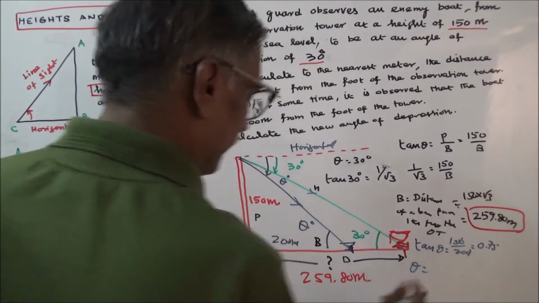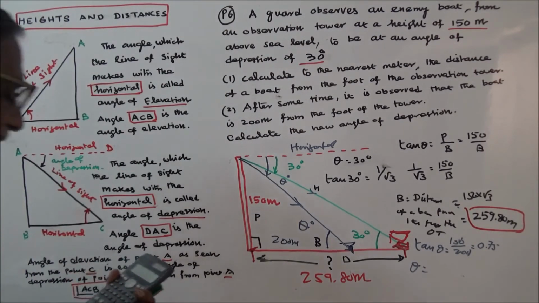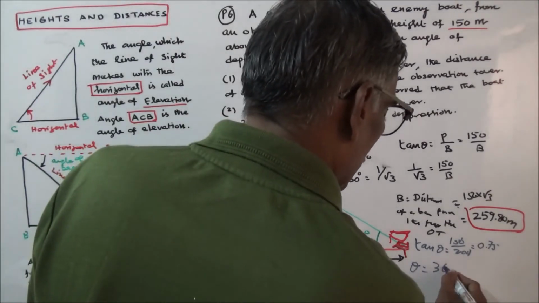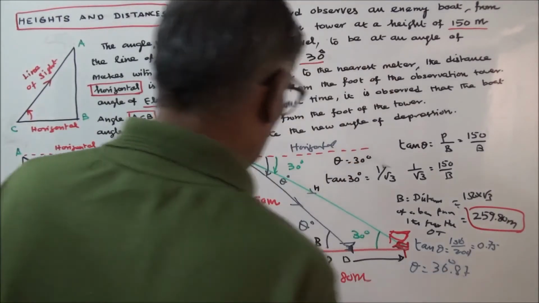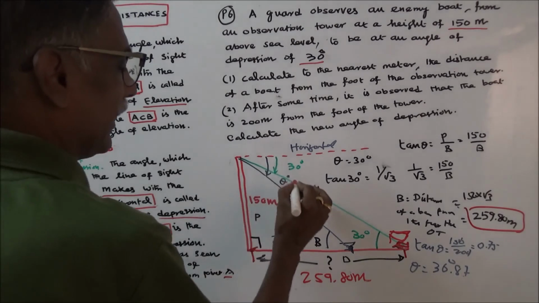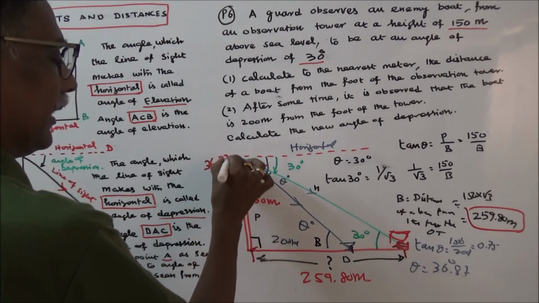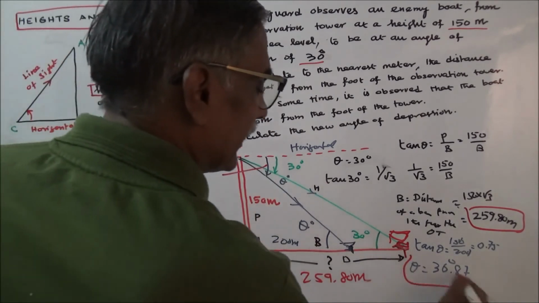Theta is the inverse tan of 0.75, which is 36.87 degrees. The new angle of depression is 36.87 degrees. This is the second question's answer.